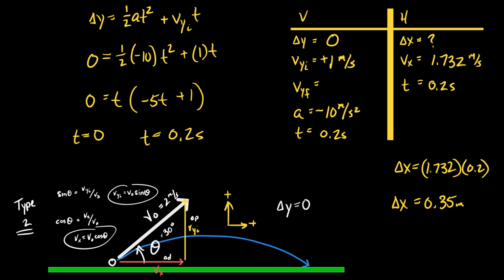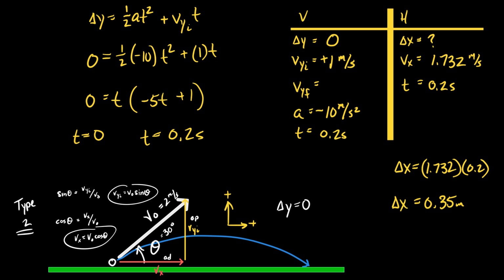All right, here's a common part B. Is it pretty clear that somewhere over here it's going to reach its maximum height? Okay. If you're asked what the maximum height is, that is a completely different problem. Because we're not talking about being over here, we're talking about being here. So if the question asks for the maximum height, you need to change the information in your chart.